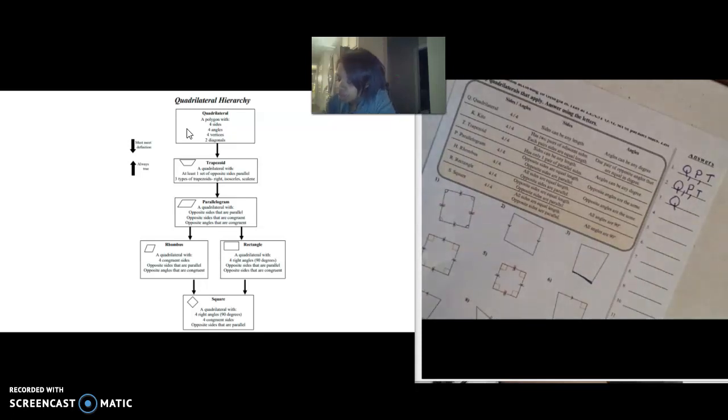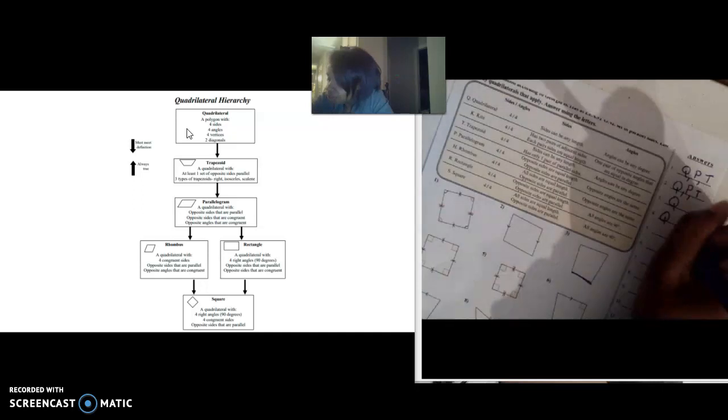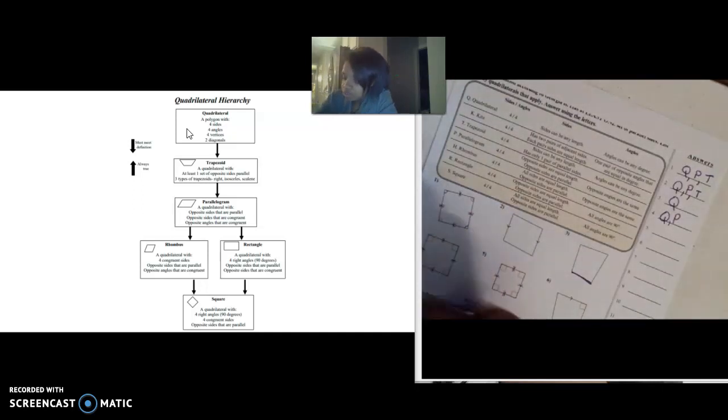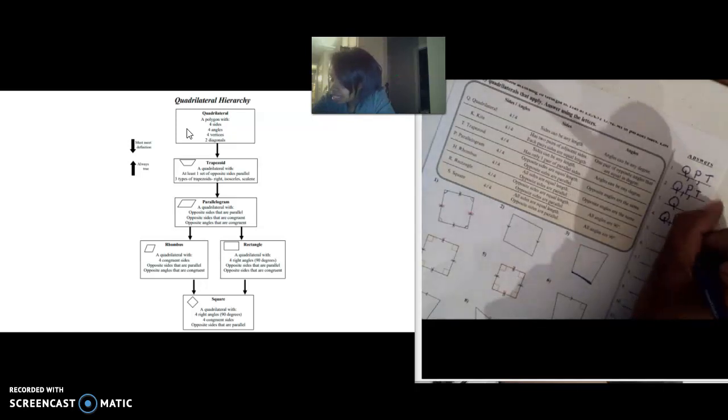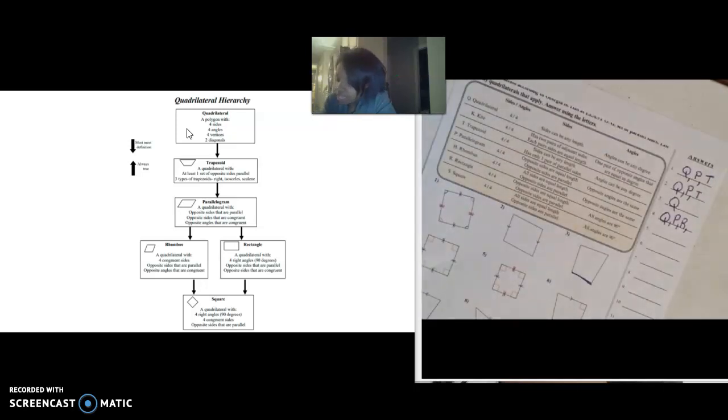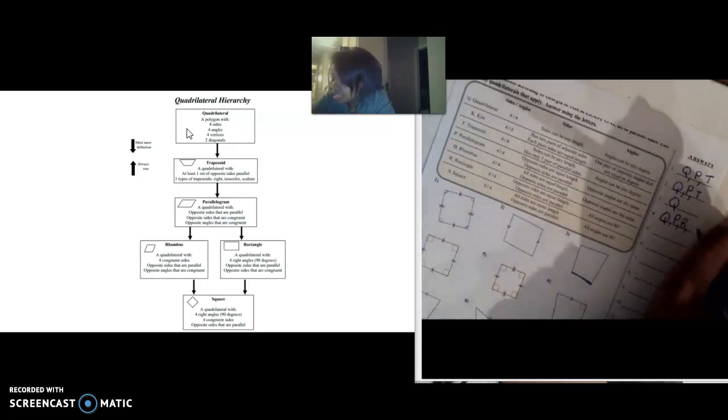For number 4, I see 4 right angles right away. So first I know it's a quadrilateral. It has 4 sides. I see that it has 4 right angles. It is a parallelogram because it has 2 sets of parallel sides. It's a rectangle. And I also can see that it has 4 congruent sides because it has the same amount of tick marks.